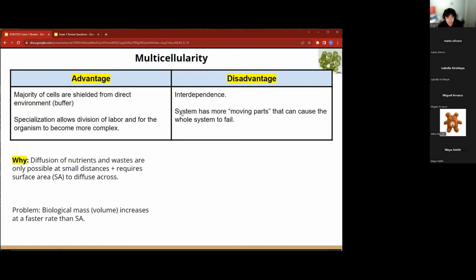Also, diffusion requires surface area to diffuse across. Over time, as organisms become more adept and get larger and take up more room in their environment, you get problems where diffusion is not enough for the nutrients and wastes to be transferred in and out of the cell. That's the problem. Your biological mass, your volume, increases at a faster rate than your surface area.